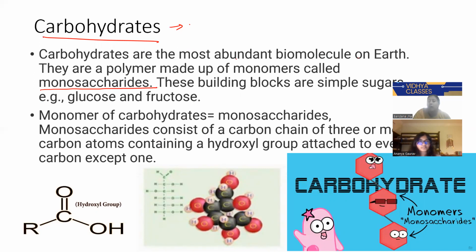Carbohydrate is our polymer, and it is a combination of monomers known as monosaccharides. Understood this part? Any doubt? A bunch of micromolecules known as monosaccharides is known as your carbohydrate.